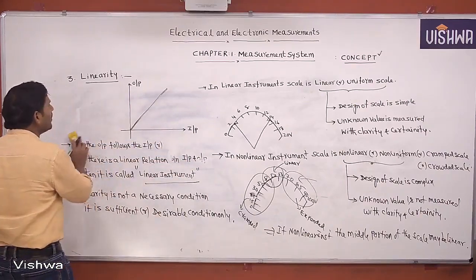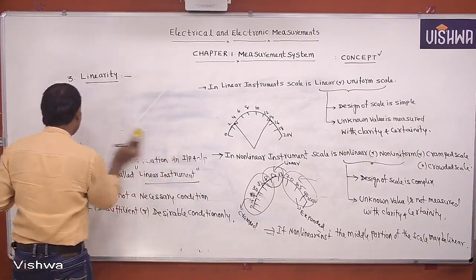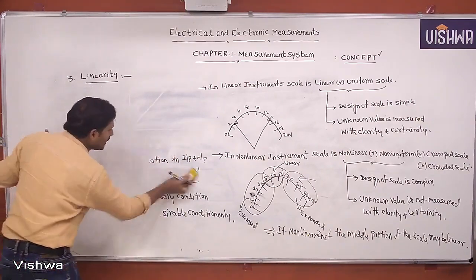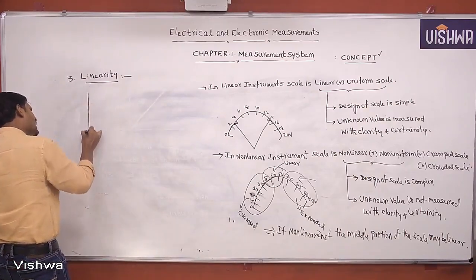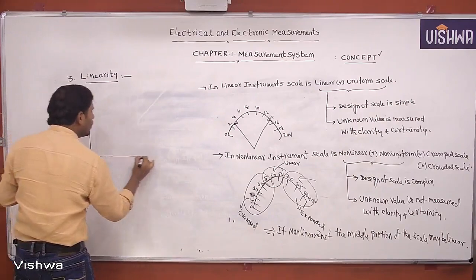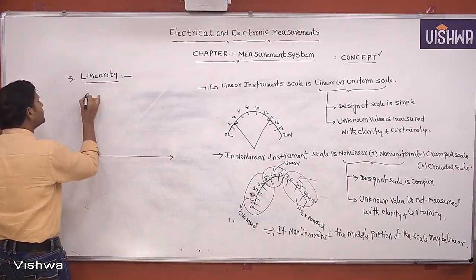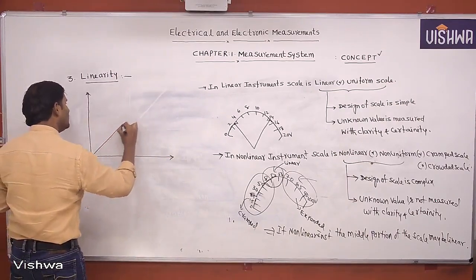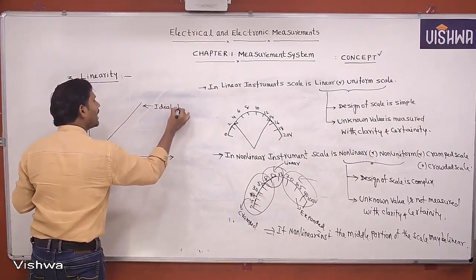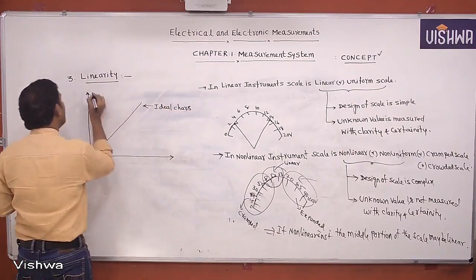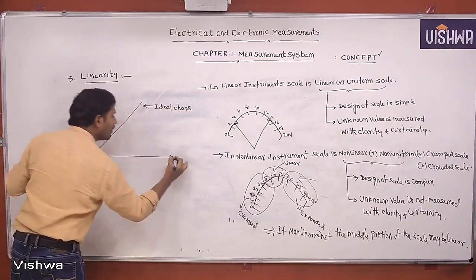But point to remember, in any instrument, due to non-linearity, the input and output characteristics are like this. This is the ideal characteristic of the instrument, this is output, and this is input.